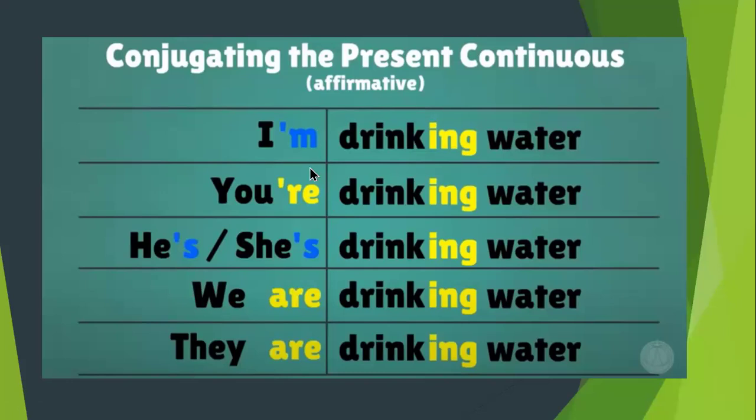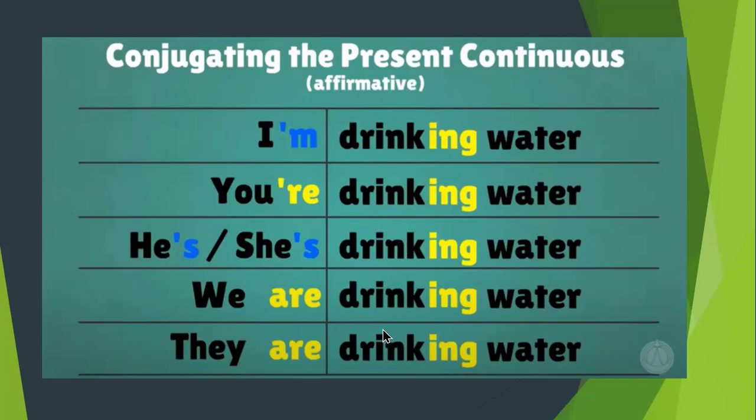So you can notice that in this picture, I like this one because you can see clearly the elements of this structure. You can see here with another color the verb to be, and the verb with ing.